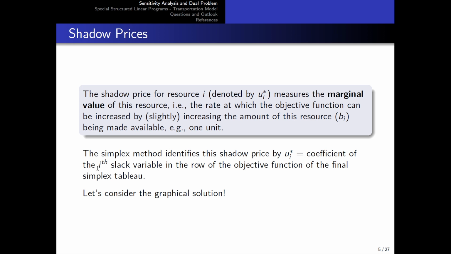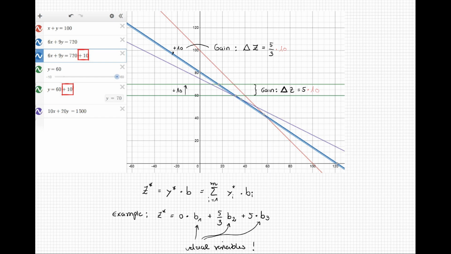So if we would increase resource 1, for instance, which is given here by the red line, by some marginal unit, so we push it a little bit outward here, then the gain in the objective value would be 0. But if we increase the other two constraints, or the capacities of these constraints, by 1 unit, then in fact we gain something.